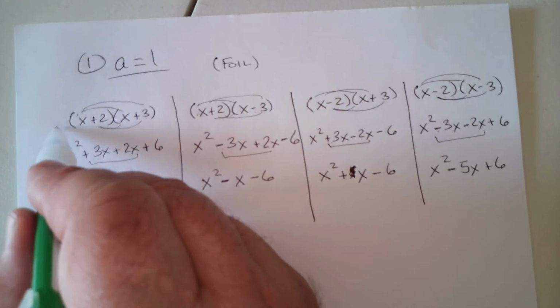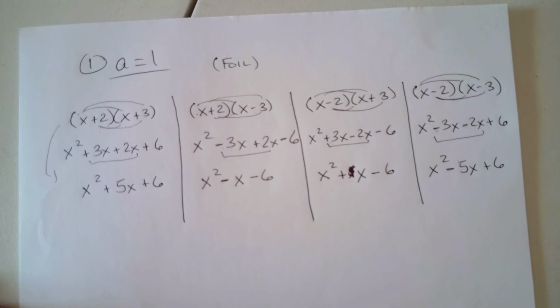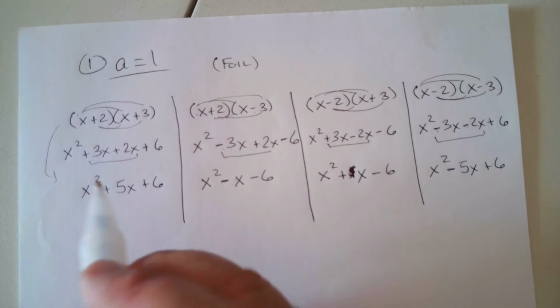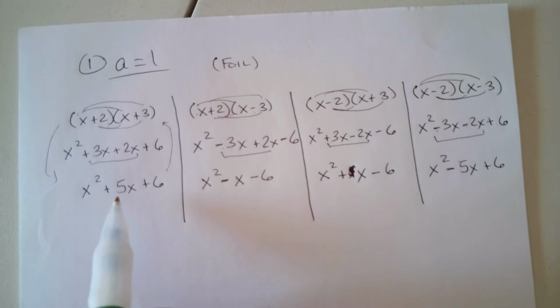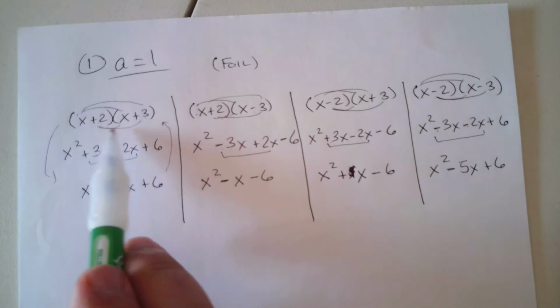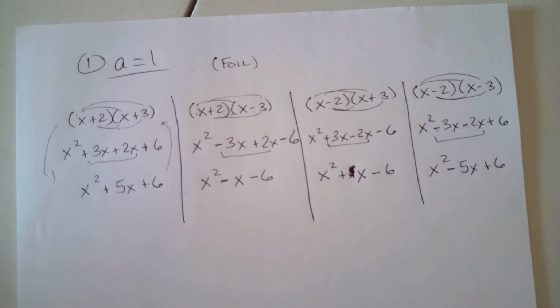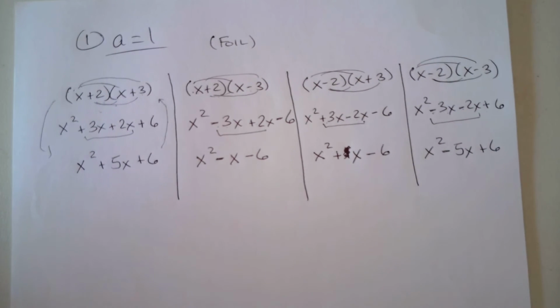Alright, so that's distributivity, or multiplying them. That's one way. Now we want to go backwards. Factoring is taken from the quadratic to two linear equations. But I want you to observe some things first.